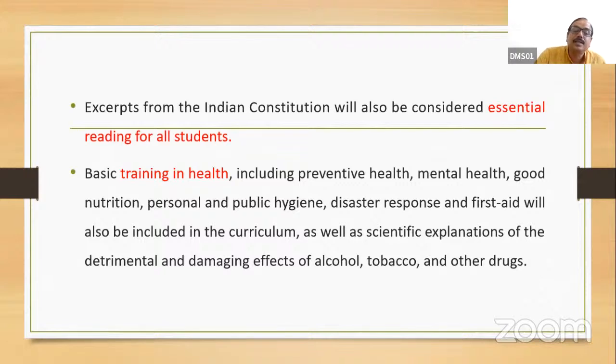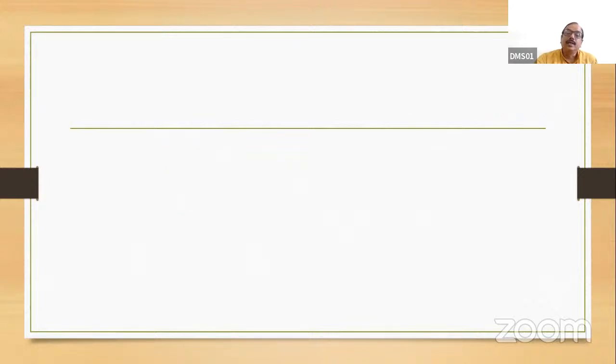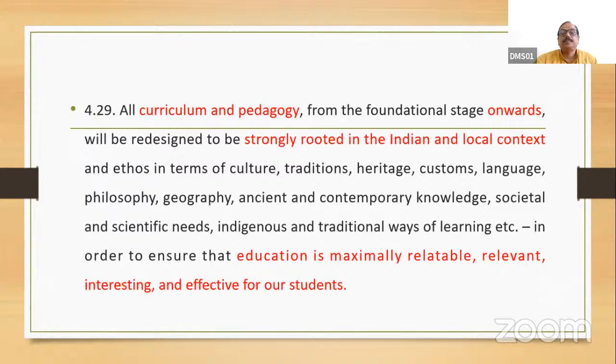So these are the things that we need to look at. And we should also restrict our students from exposing themselves to drug abuse or tobacco abuse. So that needs to be looked at in a very serious manner. So all curricular pedagogical from the foundational stage onwards till the secondary stage, they say it must be strongly rooted in Indian and local context.